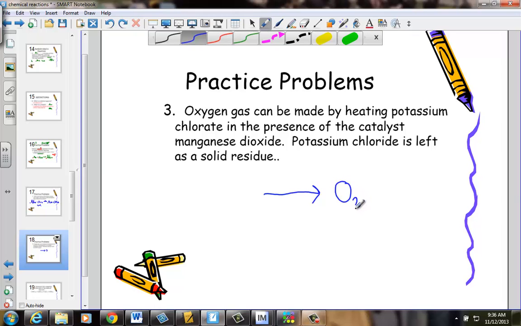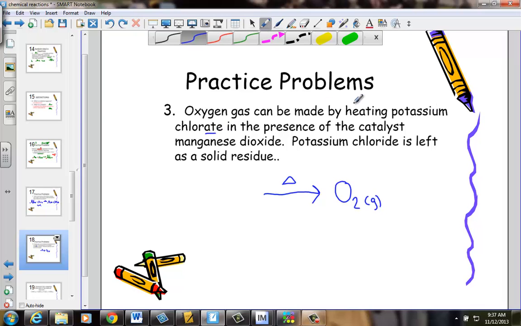Oxygen gas, molecular form. There's my first two words. Oxygen gas can be made, so I pointed at it from the product side. Next part says by heating. There's my triangle. Potassium chlorate.